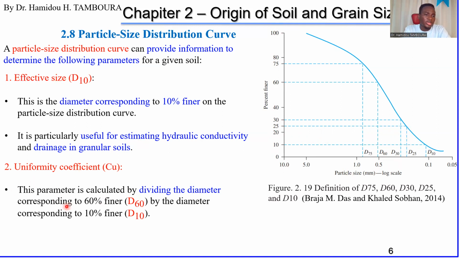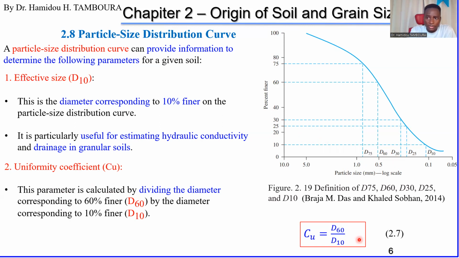So this uniformity coefficient is just the ratio of D60 to D10, meaning D60 divided by D10. It will give you the uniformity coefficient. This tells us if the soil is uniform or not.